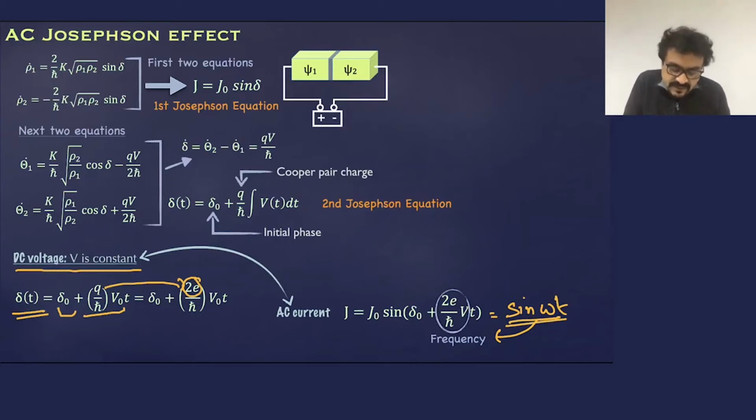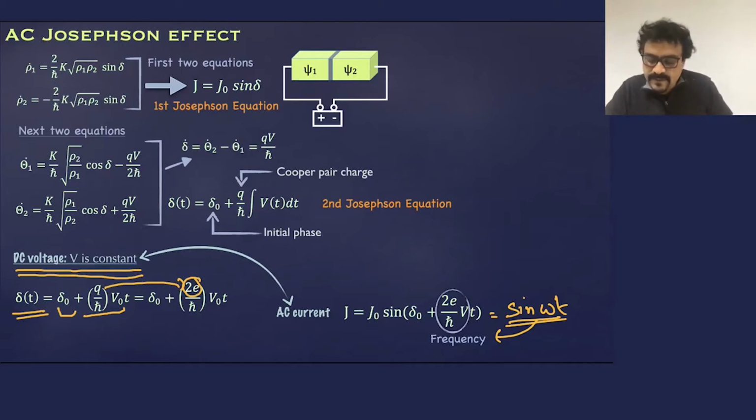And of course this represents an oscillating current. So when you apply a DC voltage, a constant voltage across the junction, you get an AC current, an alternating or oscillating current through it. When we did not apply any voltage, that is the DC Josephson effect, you got a DC current. Now when you apply a DC voltage, we get an AC current. Okay.